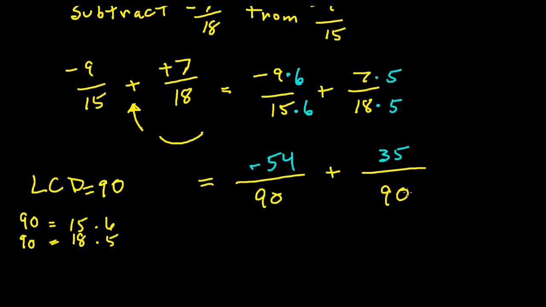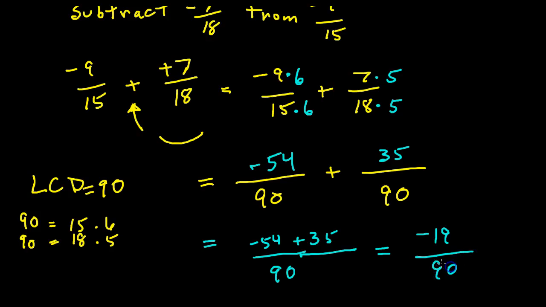So I've equivalently expressed fractions with my new common denominator of 90, and I can now add or subtract the numerators as indicated, keeping my common denominator. So 90 is going to be my common denominator, and upstairs minus 54 plus 35 looks like minus 19 to me.